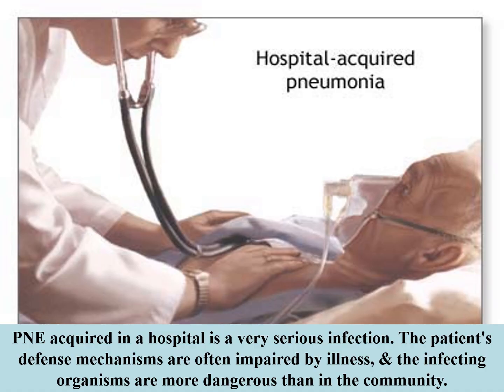Now, hospital-acquired pneumonia, as we mentioned, pneumonia that is acquired in the hospital, is a very serious infection. Oftentimes, the patient's defense mechanisms are impaired by illness. That's why they're in the hospital to begin with. And then the infecting organisms that we find within the acute care setting are usually much more dangerous and much more virulent than what we find within the regular community.